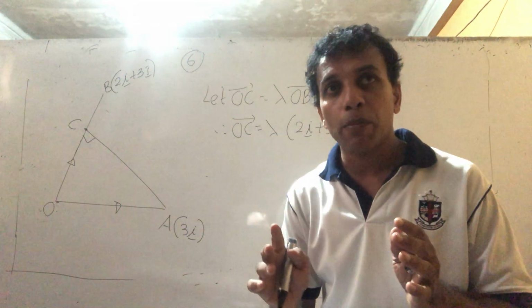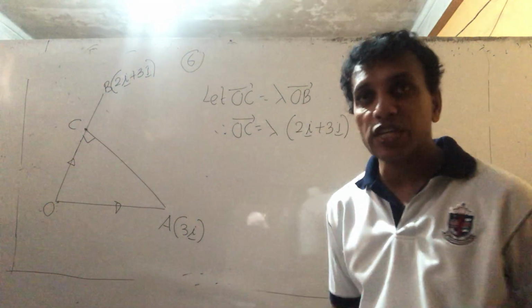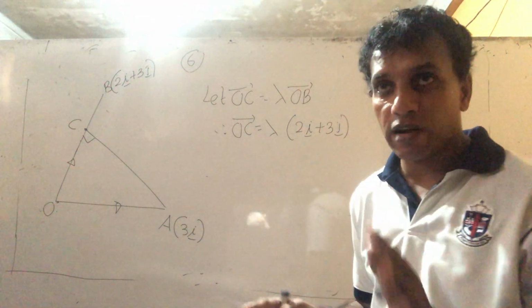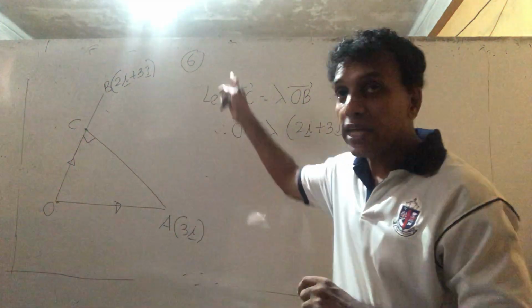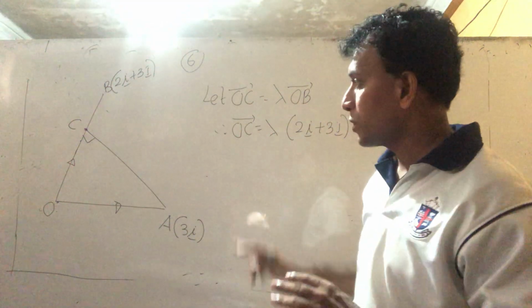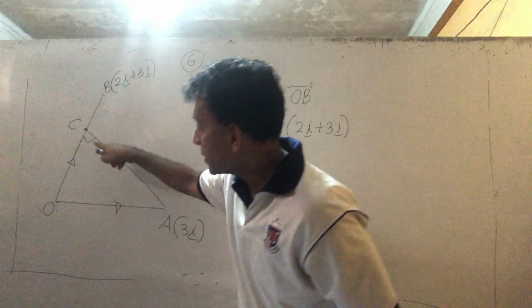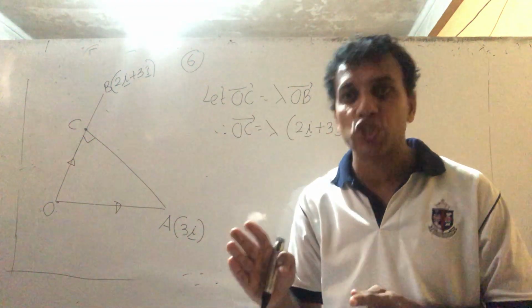So OC becomes lambda times 2i plus 3j. How many times of that? Lambda is a number. So the main part hereafter is to calculate the lambda value. Now that is the collinear vector knowledge. Now we come to the right angle. These two vectors are at right angle, orthogonal, perpendicular to each other.